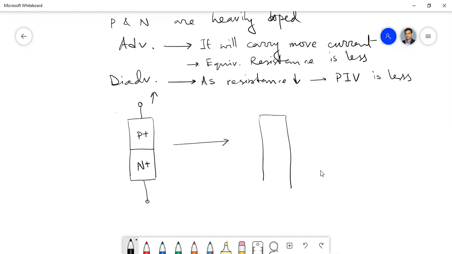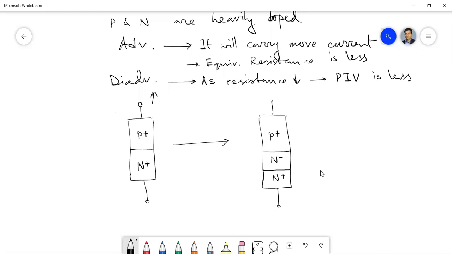So that is my discussion. Already you have the P plus layer. Now in the N plus layer, you have to make two layers. One is slightly less doped compared to the N plus, and another is N plus.